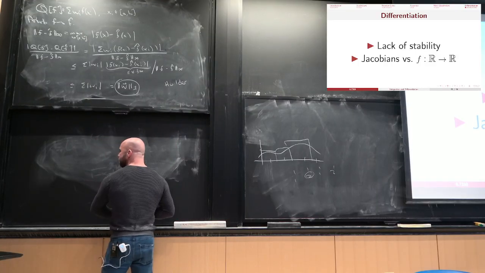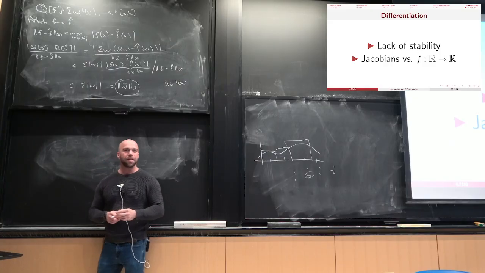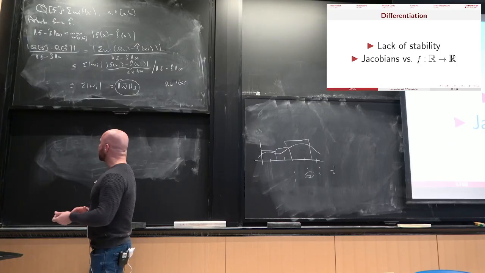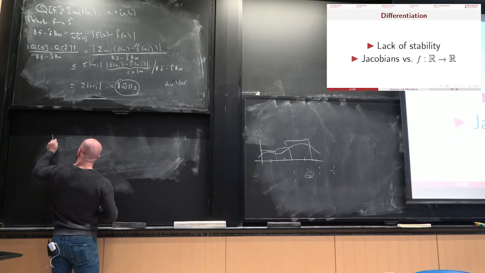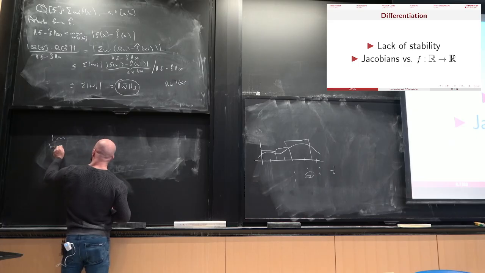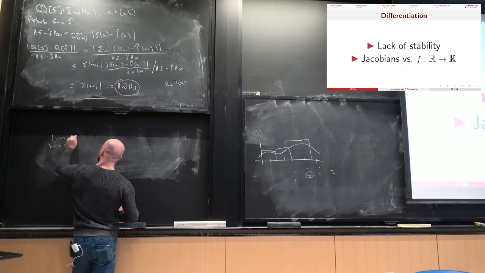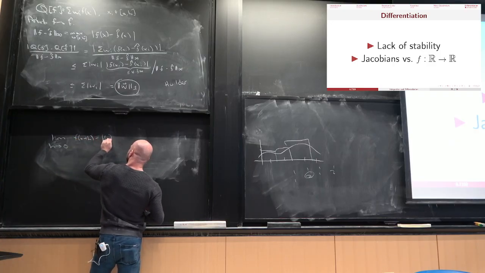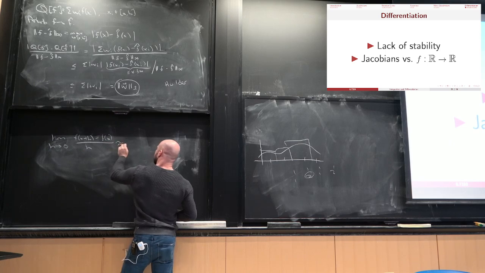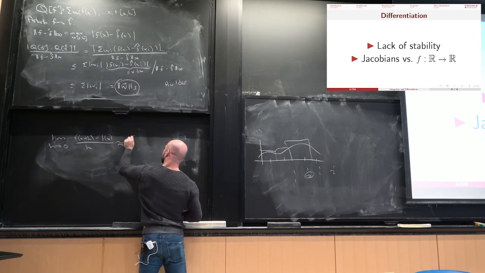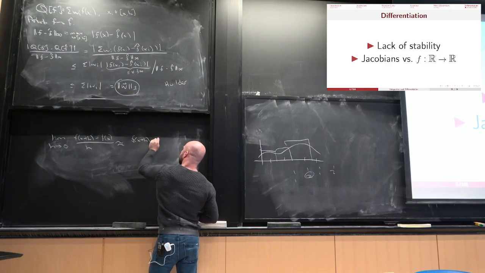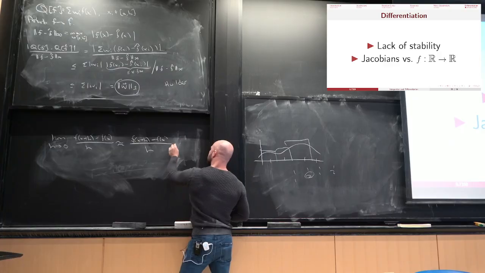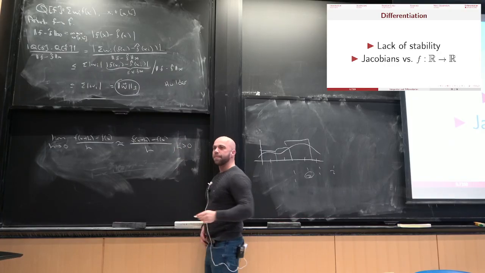Remember that derivatives are limits, so a computer can't do a limit because that's some kind of infinity thing, at least without a symbolic computation system. So instead, I have some expression like this, minus f of x divided by h, and maybe I just take some positive h, and I say, okay, I'm just going to approximate it with that for some h bigger than 0.